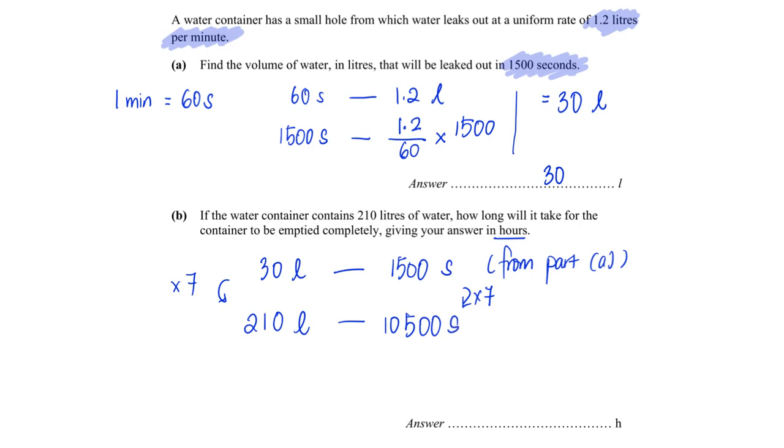But since they want us to leave our answer in hours, I will then have to convert this to hours. And how do we convert it? We are going to divide by 60 to get 175 minutes.